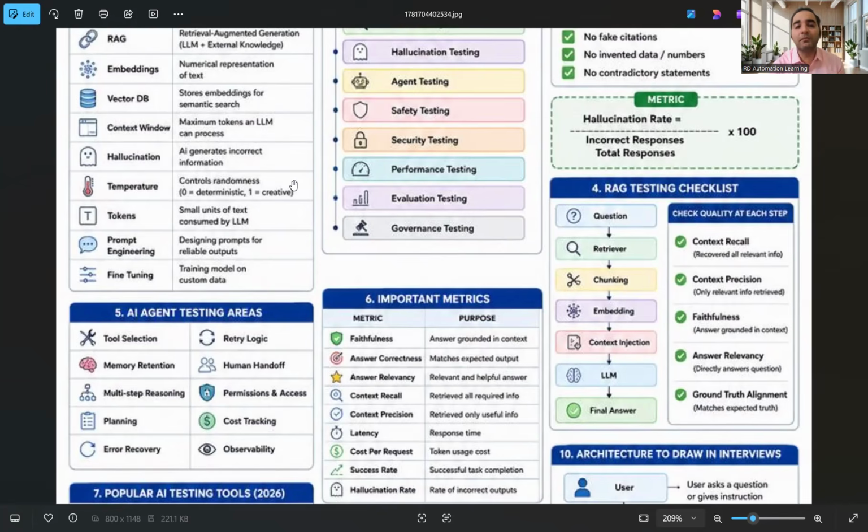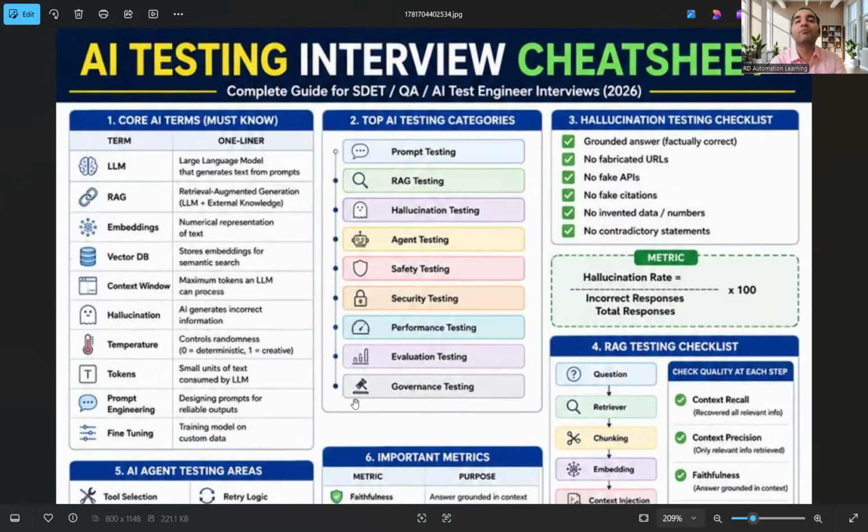That's again a very important thing. Okay. Is it able to handle the retry logic? Is it able to handle error recovery? So these are the AI agent testing areas that you should be aware of. Okay. So this is a checklist that I have created, which of course I'll be sharing with you as part of the webinar that we are going to do.